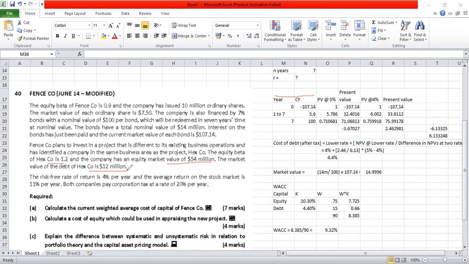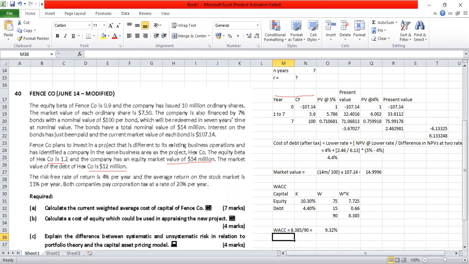So now what do we do? We have to multiply it. The beta part of it has to be calculated as a weighted average beta. Equity beta is given as 1.2. Then calculate the weighted average part of it. 54 is the market value, and the debt part of it is 12 million.